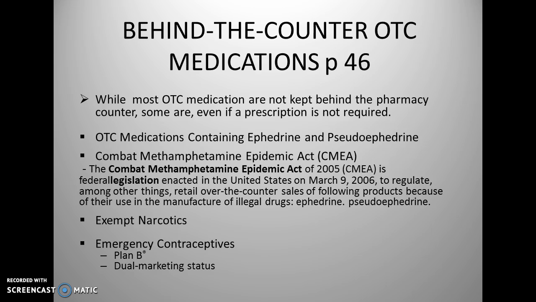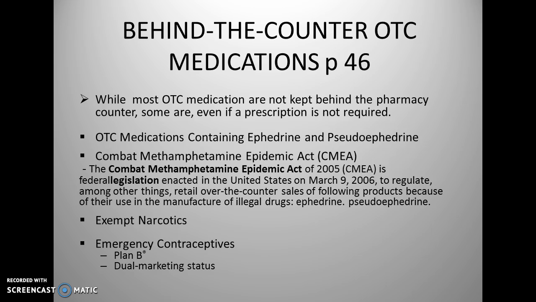Also, emergency contraceptives such as Plan B have a dual marketing status. Plan B started out as a prescription drug, then became a behind-the-counter drug that you didn't need a prescription for if you're over a particular age, and now it's actually being moved to the shelf in front of the counter itself.